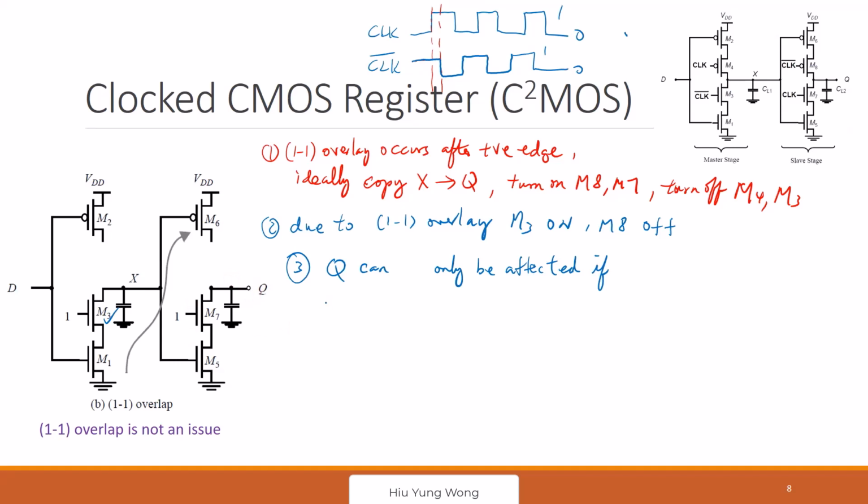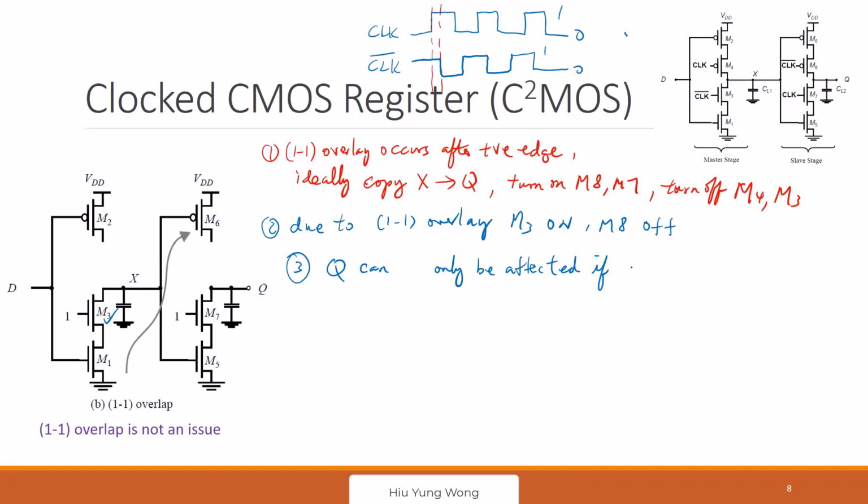Q can only be affected if X is 1. If X is 1 and Q was 0, no. I mean, Q becomes 0, but before that, if Q was 0, I don't care, because it's connected to ground.